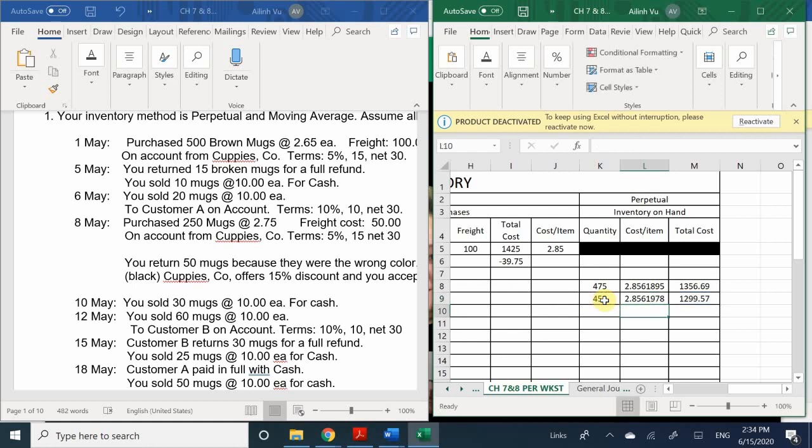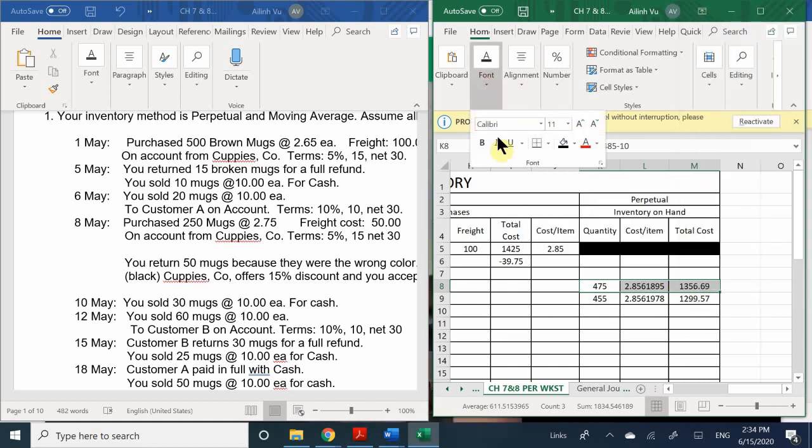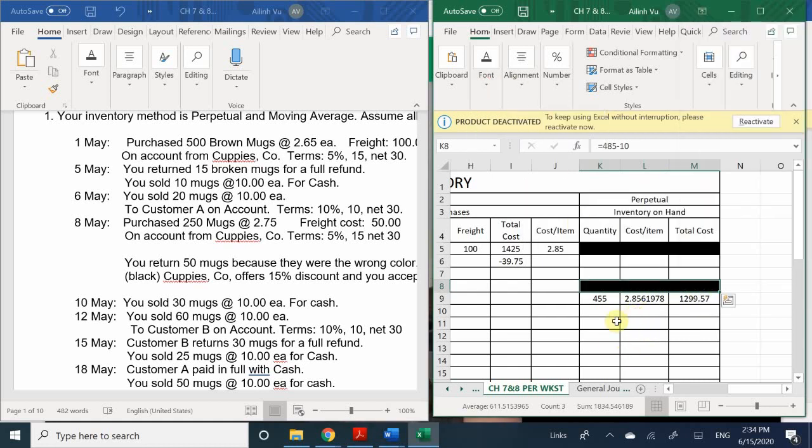Let's go ahead and update the inventory. So now each item I sell is the same price, except now it went up a thousandth of a penny. I have 455 items left, and it's costing me $12.99.57.